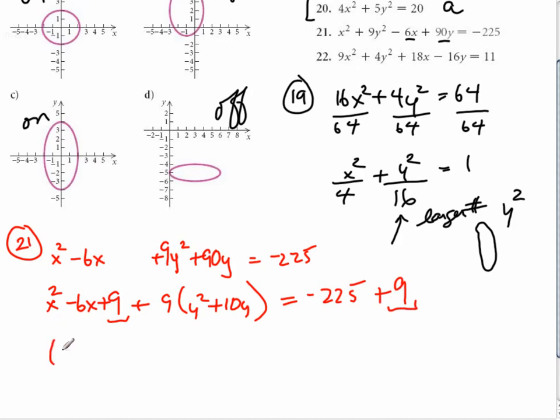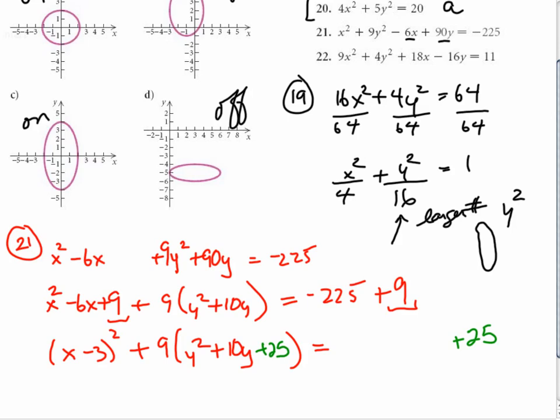So taking stock, it'd be x minus 3 squared plus 9 times y squared plus 10y. Let's complete the square here: divide this by 2 and square it, that'd be plus 25. Hold on, this 25 was actually multiplied by that 9, so on the left-hand side I actually have 9 times 25.